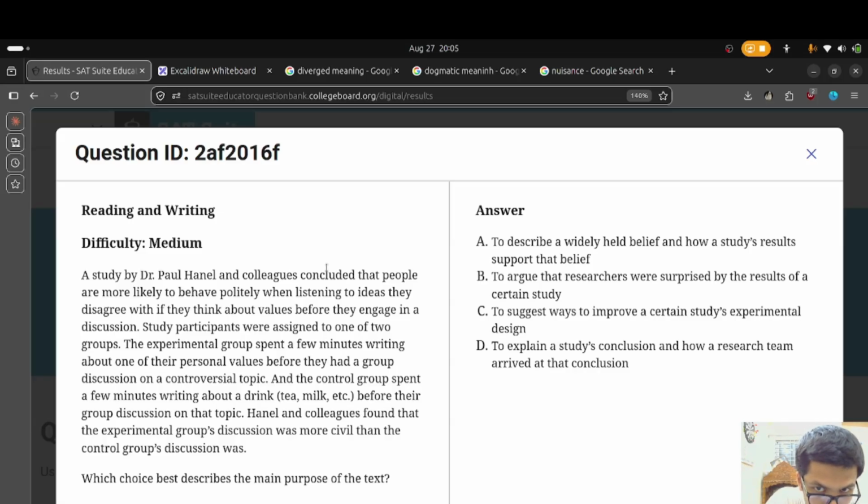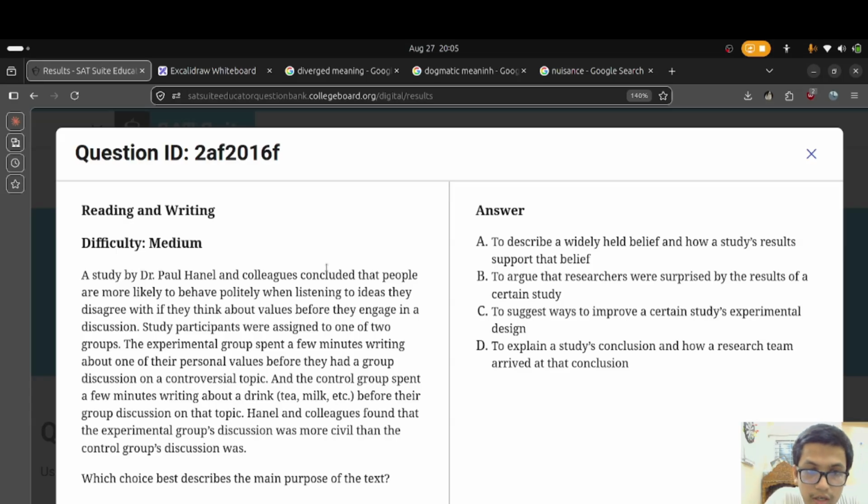Okay, to describe it: widely believed, how I studied, researchers were surprised by the results. No. Found that the experimental group was more civil.